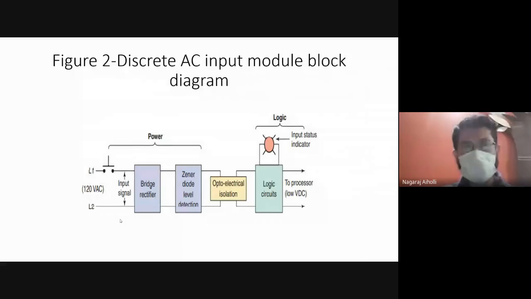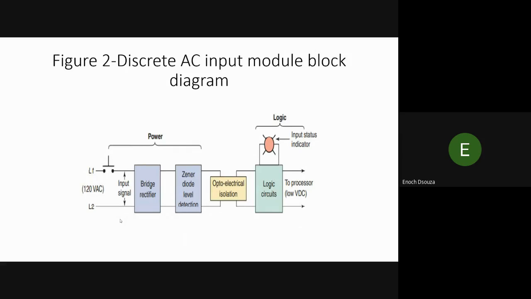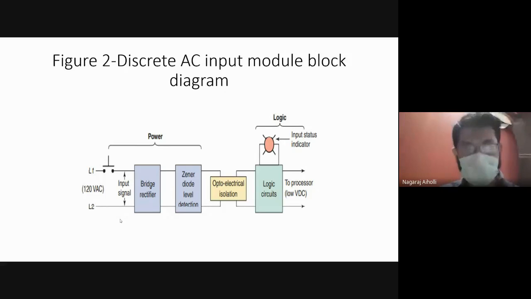Correct, exactly. It is a rectifier. Very good. So a rectifier converts an alternating current, a sine wave signal, into a DC signal. Diode rectifier, exactly.